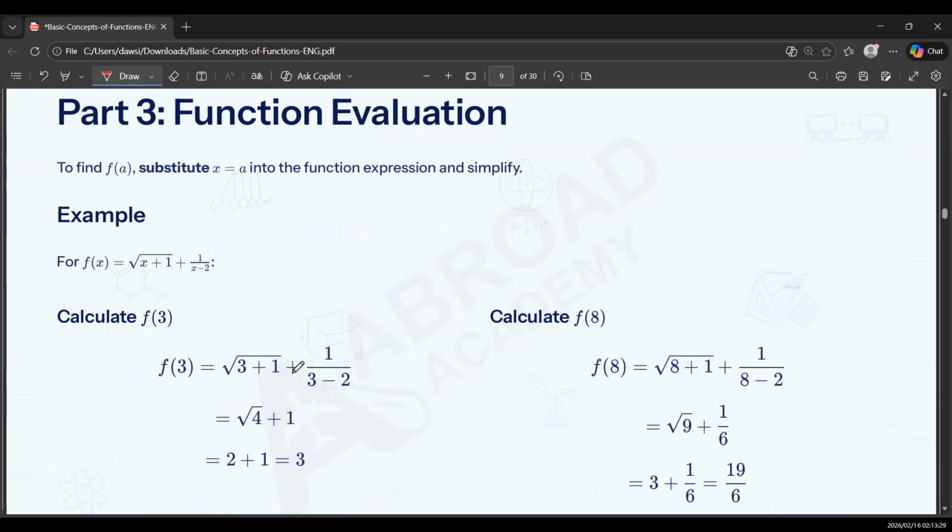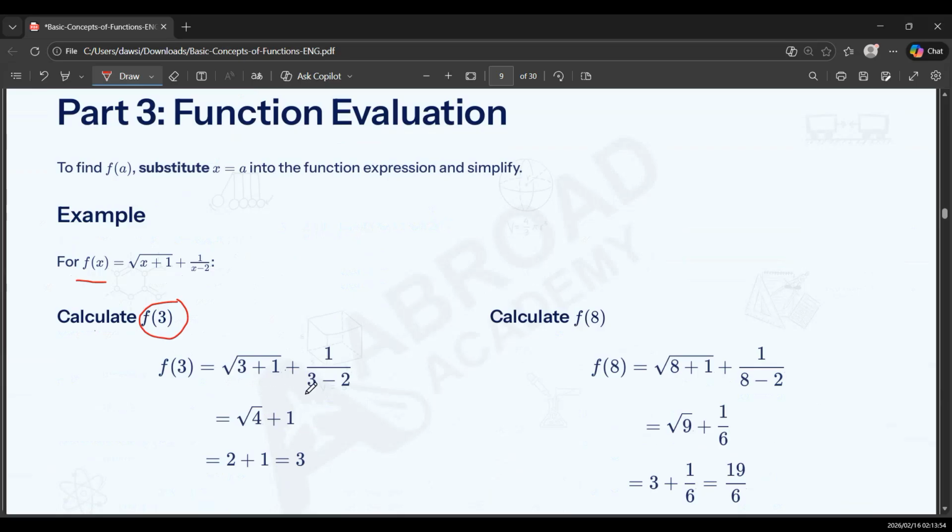Function evaluation. To find f(a), substitute x = a into the function's expression and simplify. Example: f(x) = √(x + 1) + 1/(x − 2). If you calculate f(3), it's very easy, right? You just replace x by 3.